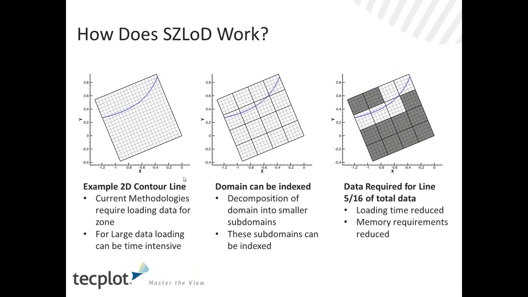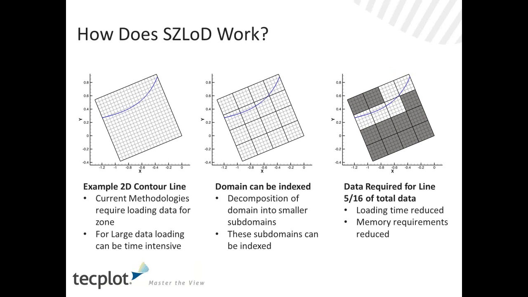Thank you. Okay, so now let's talk about, as Scott pointed out a moment ago, this Subzone Load on Demand concept. This graphic really illustrates what we're talking about. Of course, this is an extraordinarily simple case, but I think it highlights what you really get in partitioning the domain.